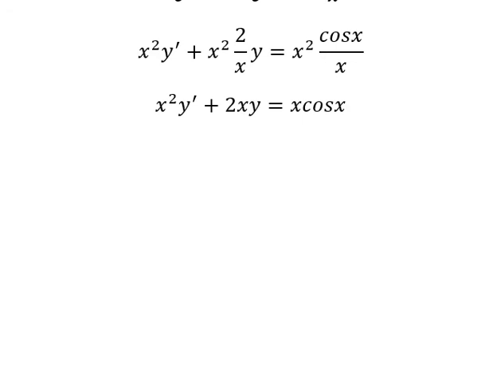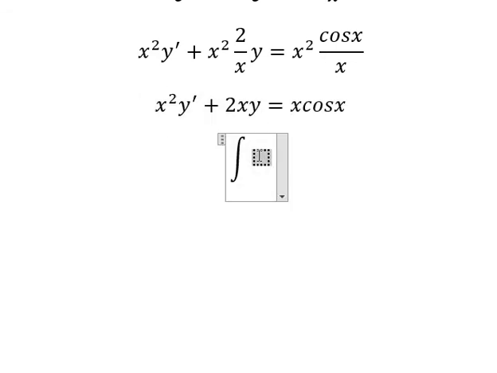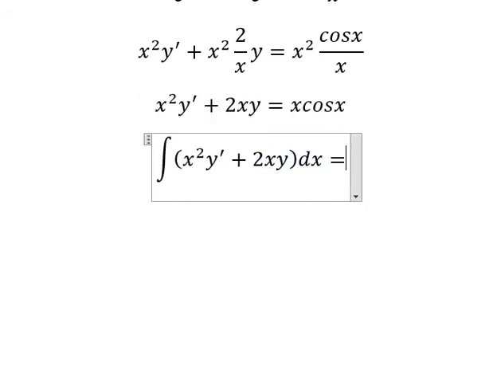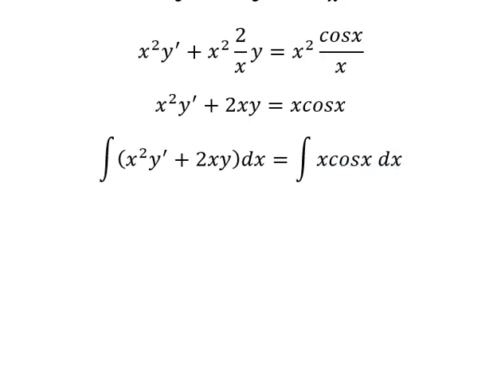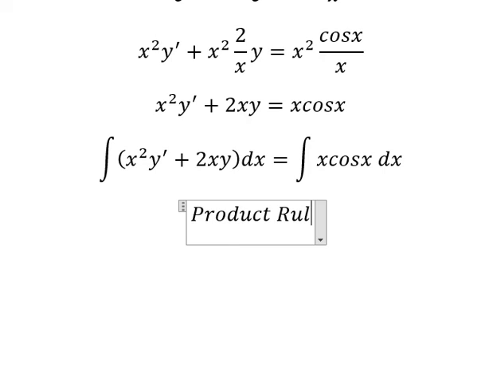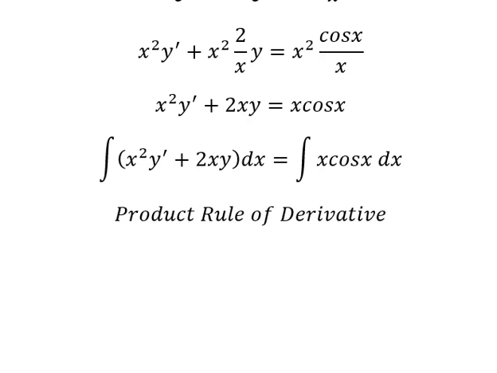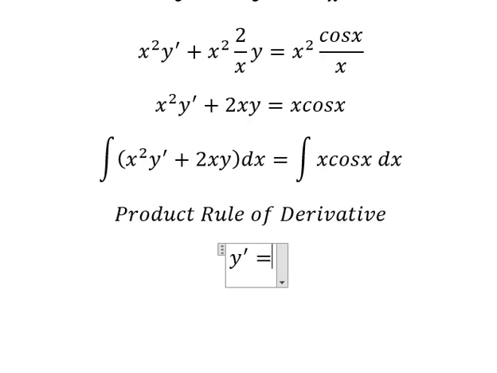Next, we put the integration on both sides. Now, we can apply the product rule of the derivative. So, we do the first derivative of y equals the first derivative of u multiplied by v plus the first derivative of v multiplied by u.